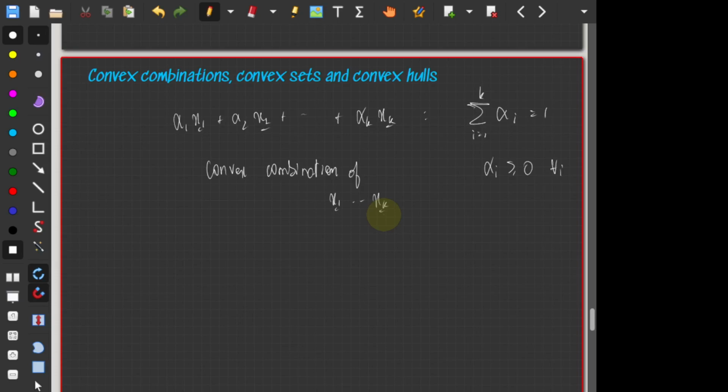And a set is convex if it's closed under convex combinations.